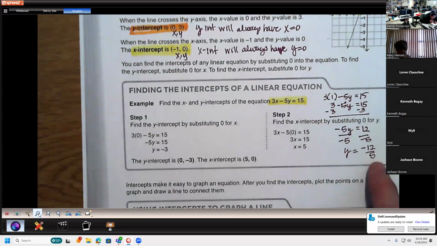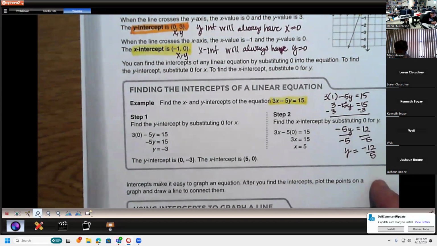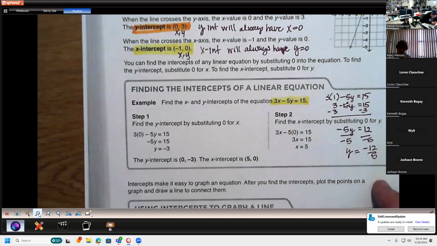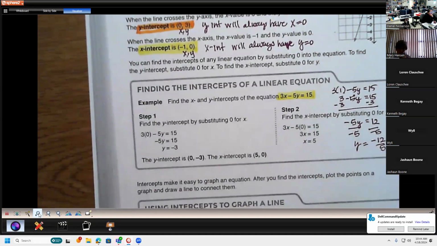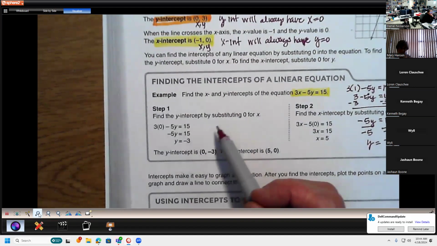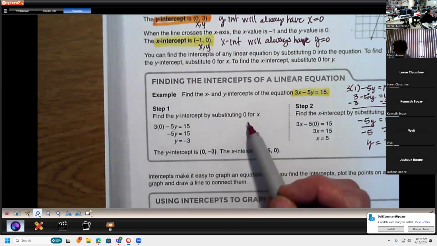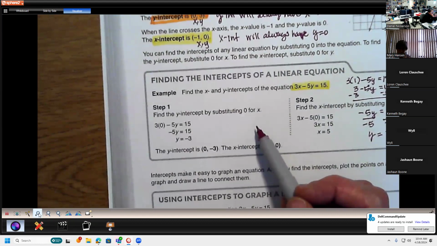So when you're faced with an equation like this, the fastest and easiest way to do it is to pick the number that I say is always the friendly number to choose. If you get to choose a number, what's usually the easiest number to pick? 0. And so we're going to pick 0 and put it in for x.